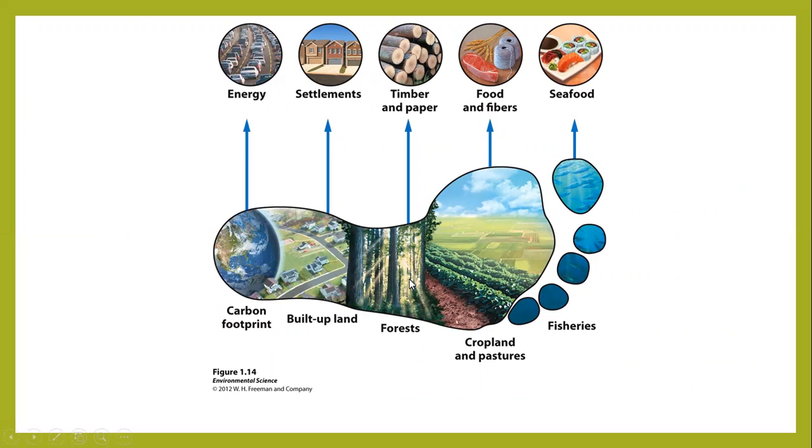Forest, how much forest is going to need to be cut down to do your paper products? Cropland and pasture land, how much land is needed for you to have the vegetables and the grains that you need, but then also how much is needed to feed and house the animals that you're going to eat. And then lastly, fisheries. How much of the world's oceans do you need to get the seafood that you consume?